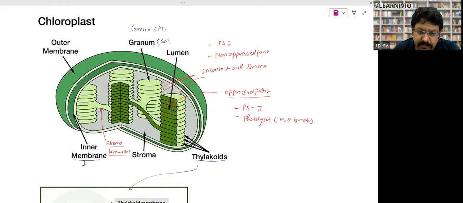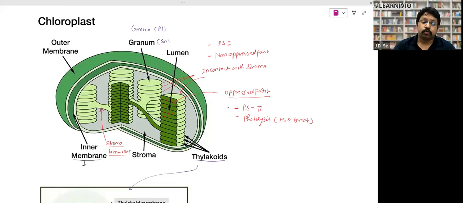Clear? Now try to understand what is the appressed part and what is the non-appressed part. This single structure, this single coin, is called a thylakoid. When a number of thylakoids pile up one upon another, that group of thylakoids is called grana.